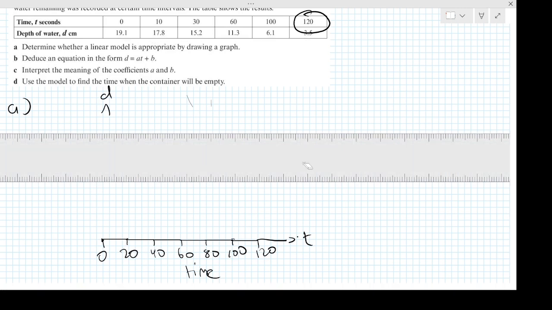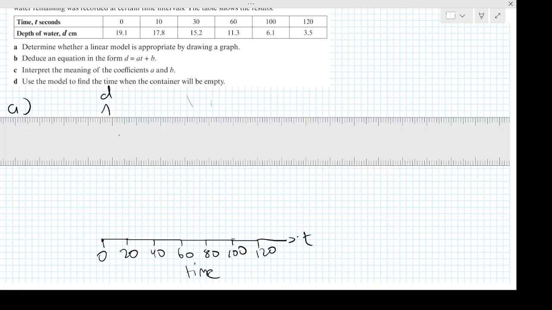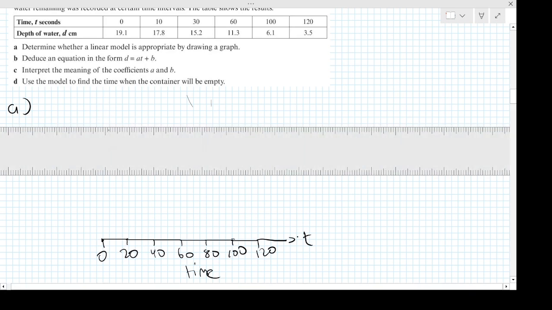So this one is starting from 3.5, but we can say that's 0. I can start from 0 effectively. Then it's going up to 19.1. Well, it makes sense to go from 0 to 20, right? So what scale? I think each box should be 1, because we've got quite a broad range from 3.5 to 19.1, and we've got decimals.